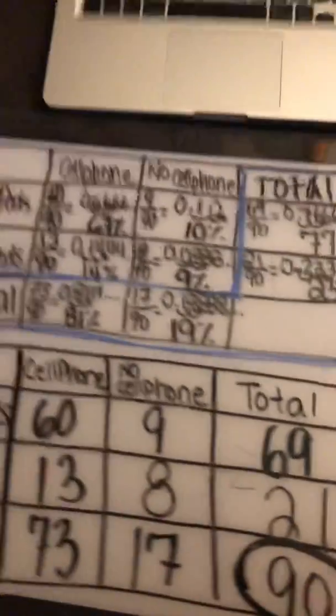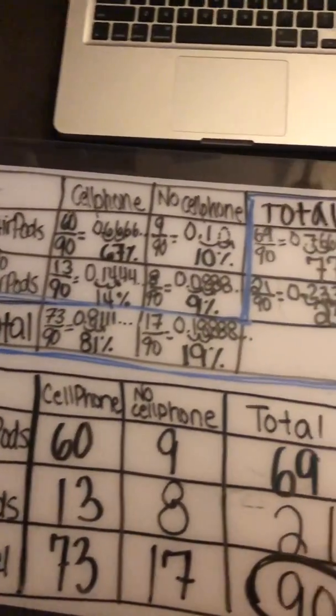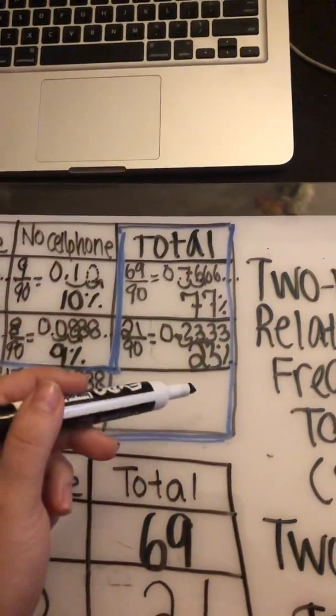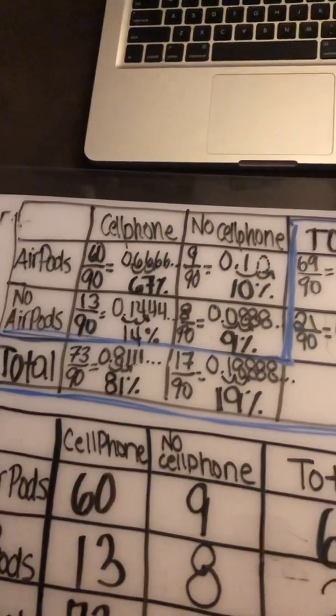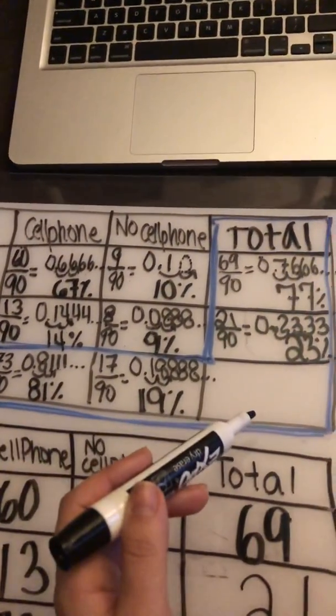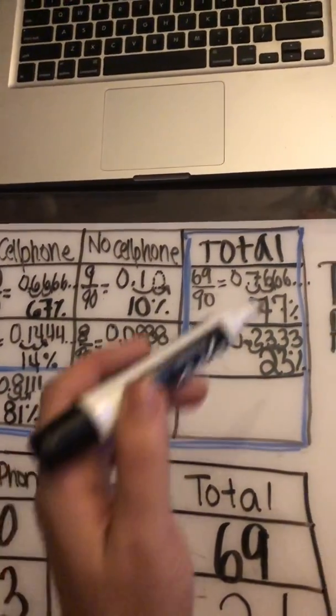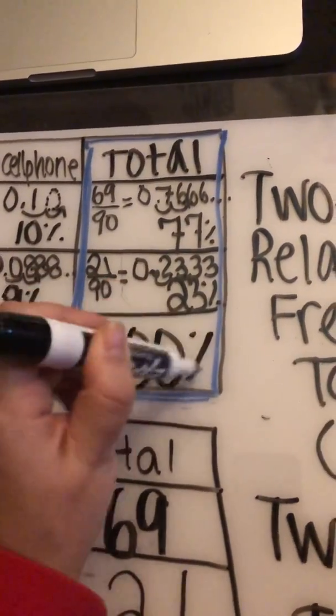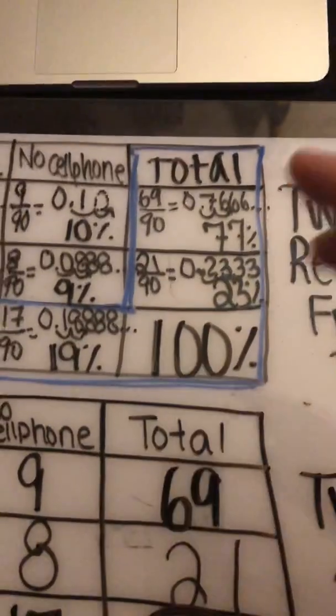So something that's really cool when you find these relative frequencies is that when you add the final column and when you add the final row, both of these should add to 100%. Because remember, you are finding the relative frequency compared to the total.